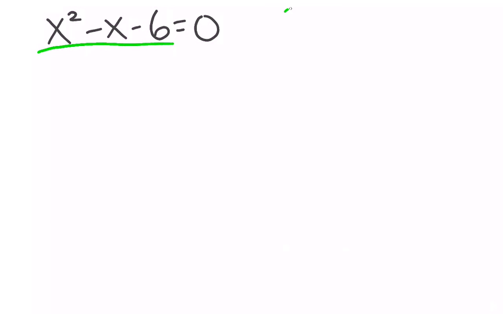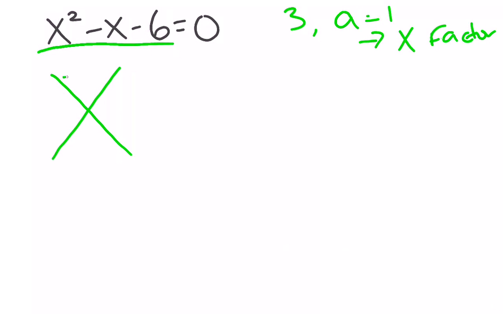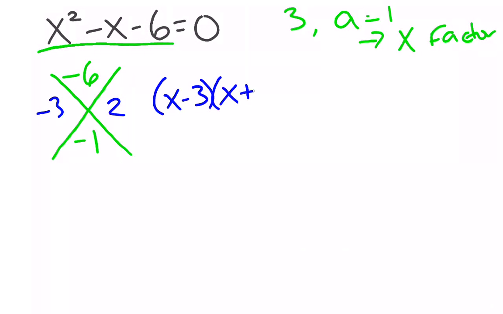How many terms do I have? 3, and A is 1, so that means that I'm going to use the x factor. So I draw my x, negative 6, negative 1, it multiplies to negative 6 and adds to negative 1, should be negative 3 and 2, so my factored form would be x minus 3 times x plus 2, and that equals 0.